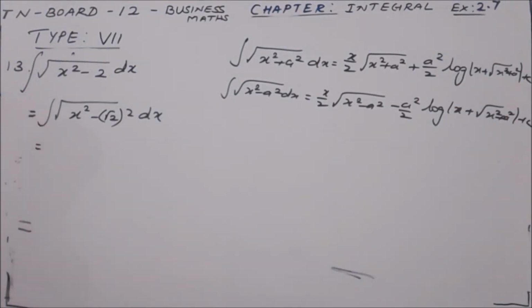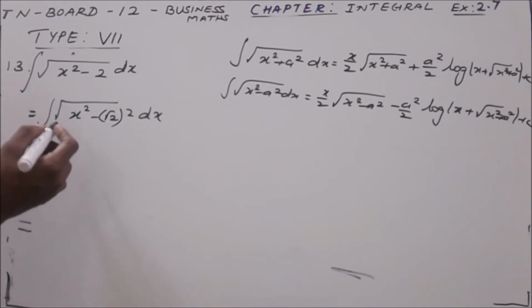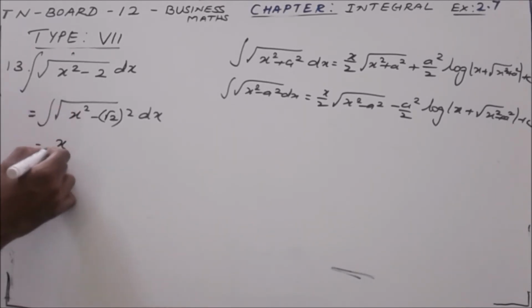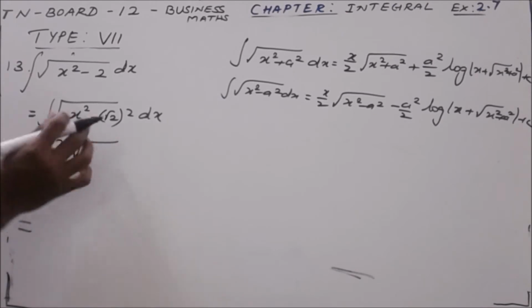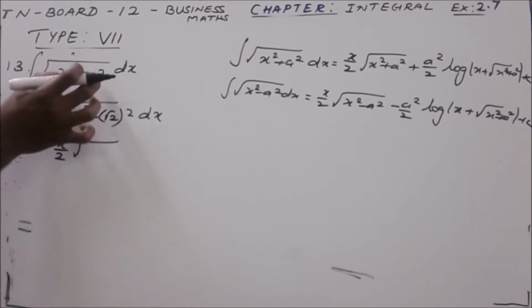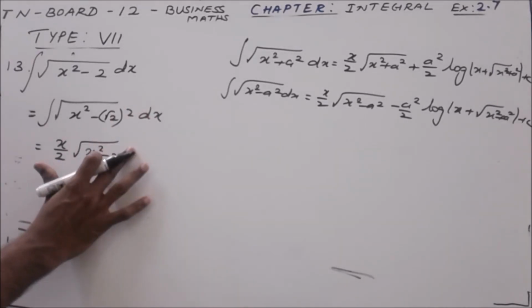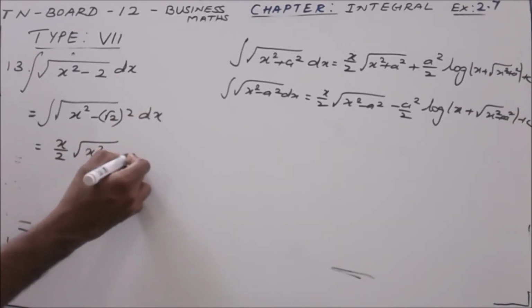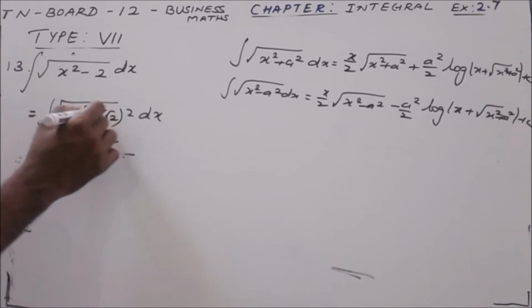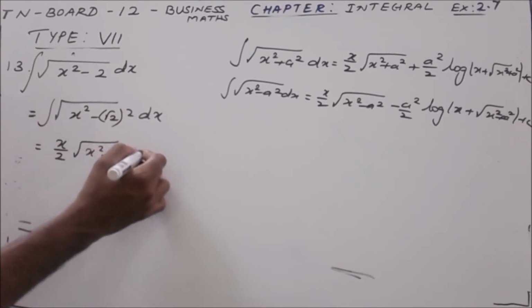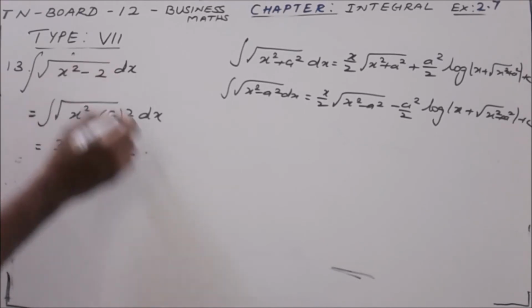Now substituting in the same way, we have x by 2 root of x square minus a square, which is x square minus 2, minus a square by 2. Sorry, minus a square by 2. We have a square as root 2 square, that is 2. Root 2 square or 2, both are equal.